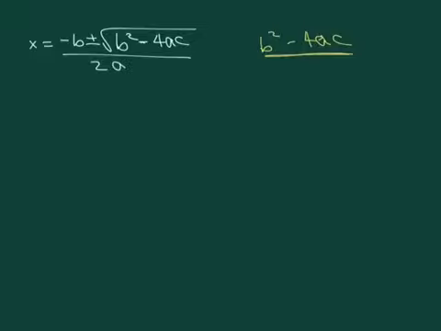So, for instance, let's say that we plug some numbers in here, in this part right here, and let's say that we get a 0. Let's say that when we put the numbers in here, we get, under that square root sign, 0. All right?